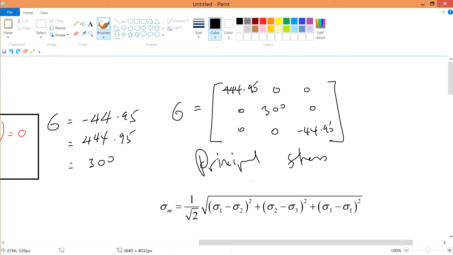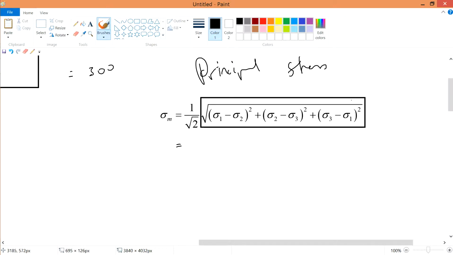Anyway, now we have sigma 1, sigma 2, and sigma 3. Just simply sub them in, but be careful of your negative sign. There's a negative over here, so please be very careful when you sub it in. When I sub in, verify this part of the equation: it's 616.44.